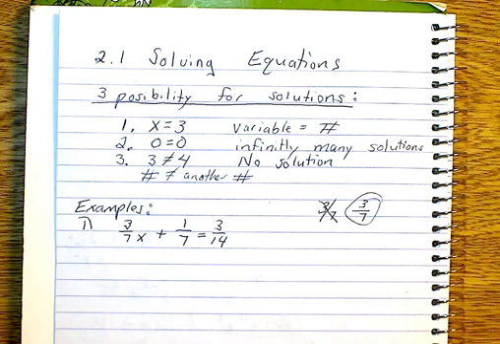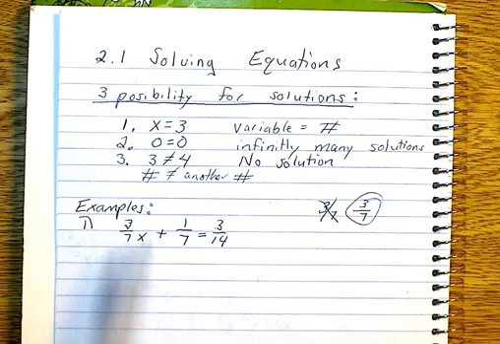Now, does anybody know or think about how we could get rid of these fractions? So if we wanted to get rid of these fractions to solve this out, what maybe is a good way to do it? You could multiply the 3/7 and 1/7. Okay, so you can find a common denominator. You could do that.